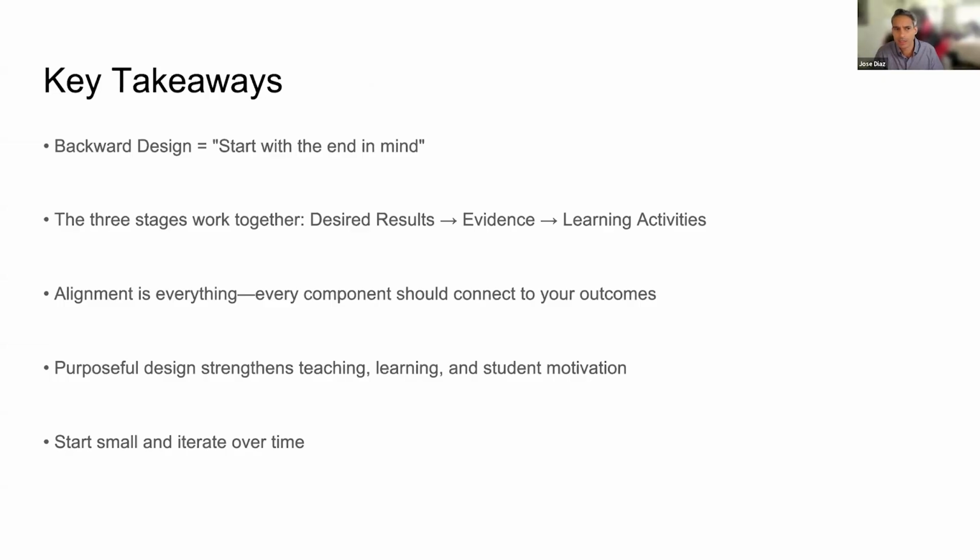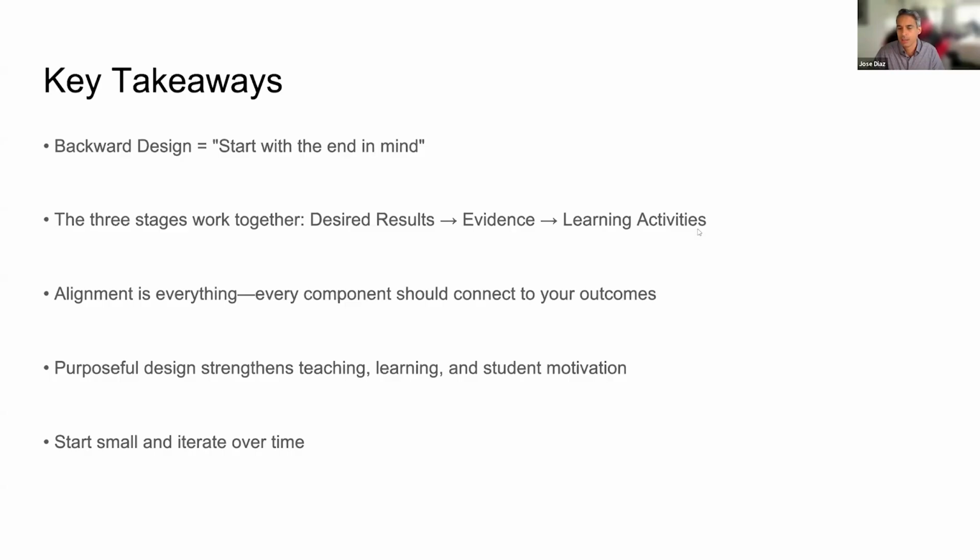Here's just my last slide, some key takeaways. Backward design equals start with the end in mind. And the 3 stages that we talked about: what are your desired results? What is the evidence that you're looking for? What type of evidence will show mastery? And then lastly, we talk about the learning activities.